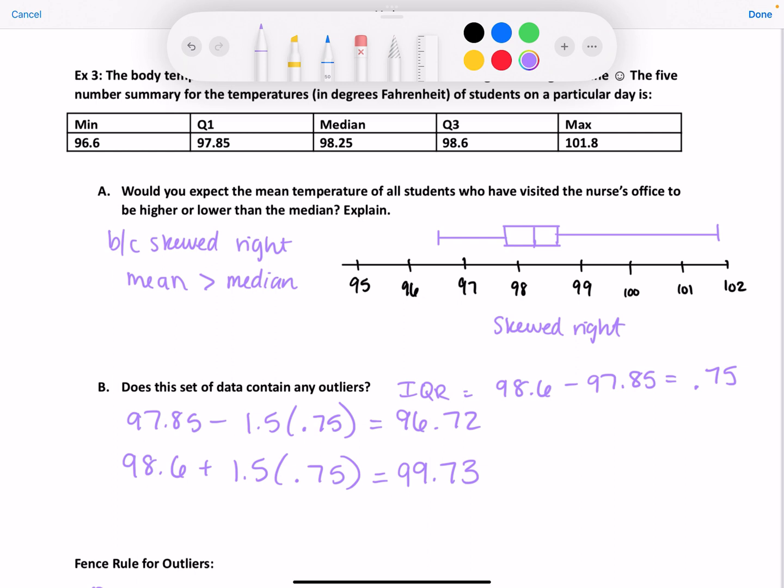So what does that tell us? There are outliers. How many? At least two. Okay, good. At least two. We know there's one on the lower end and we know there's one on the upper end. So yes, we have at least two outliers.